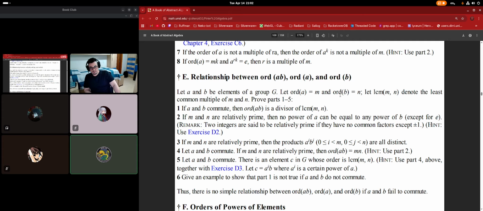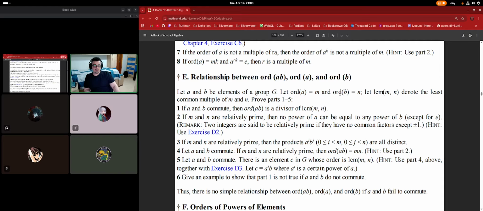Because I think it implies that there is no relative prime between m and n, and then if they don't commute, they are relatively prime. I see what you're saying. So you're saying that if they do not commute, then they may be relatively prime, or everything goes to shit. Again, just kind of throwing something out there.